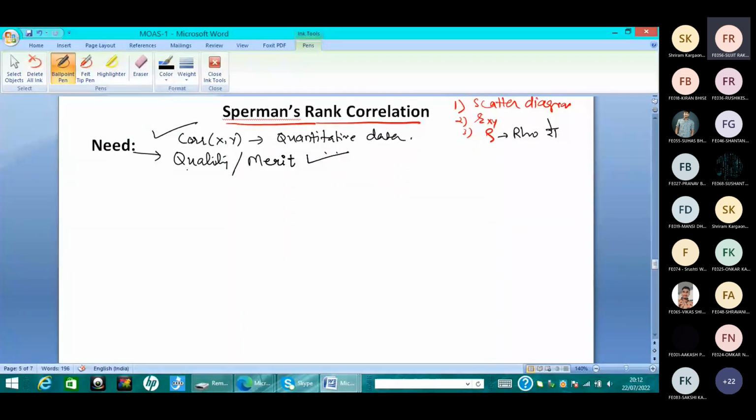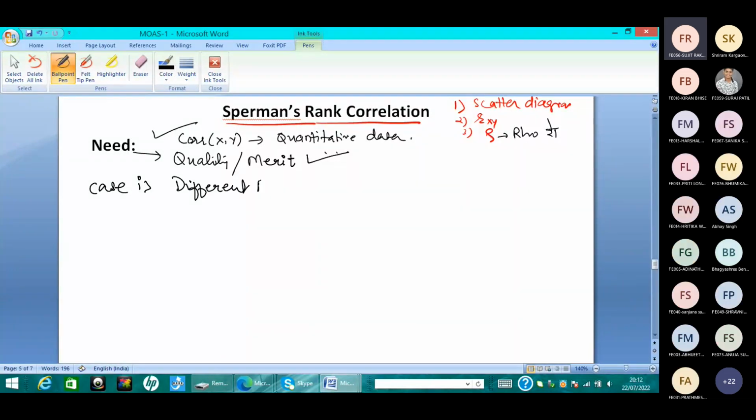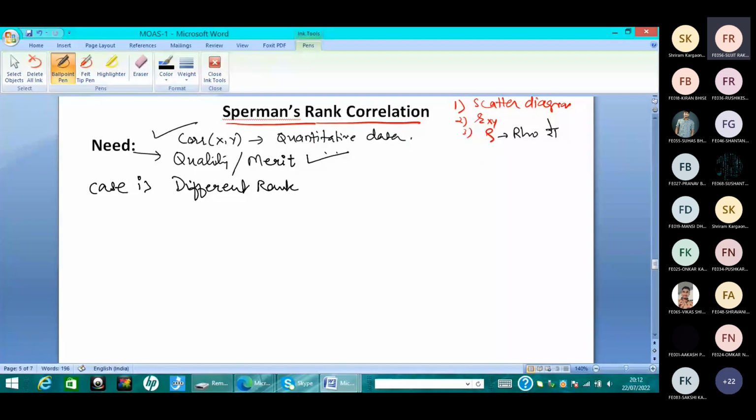Now there are two cases, of which case one is different ranks. Let's try to understand this one. Different ranks means, suppose X has some values and Y has some values.